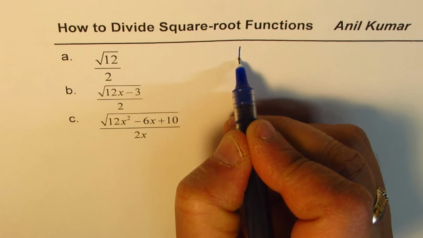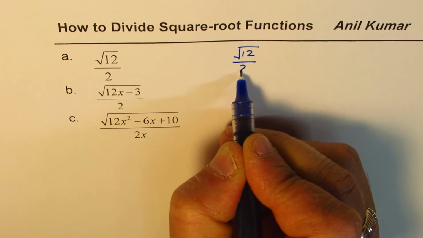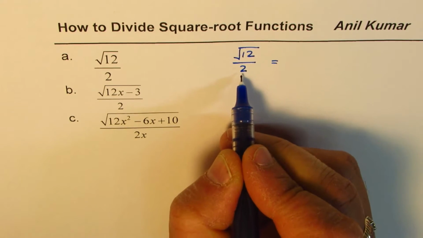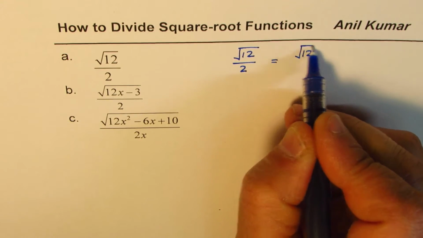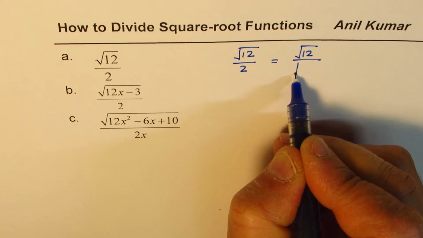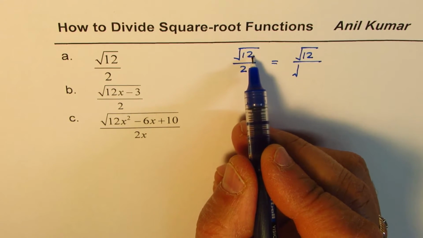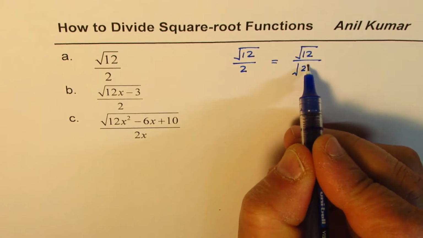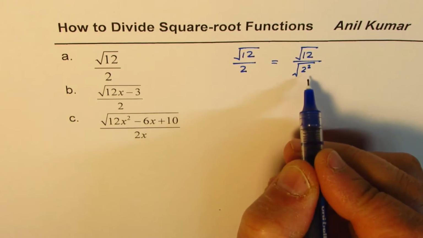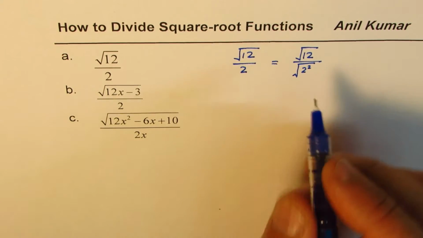So when I say square root of 12 divided by 2, I could write 2 also as a square root. So I could write this as square root of 12 divided by square root of what? If I have to take this inside the square root, I have to really square it, right? So it is 2 squared. Because the square root of 2 squared could have been written as 2 also, right?